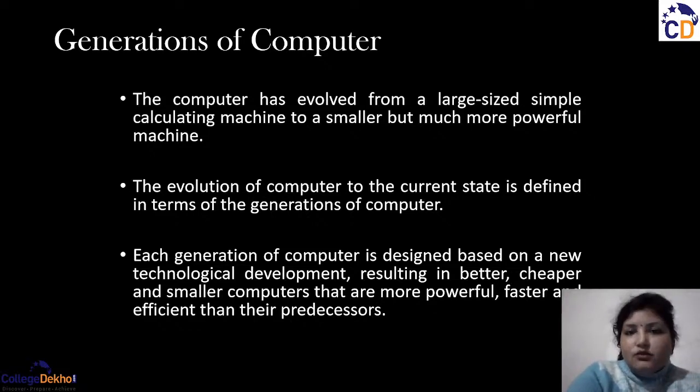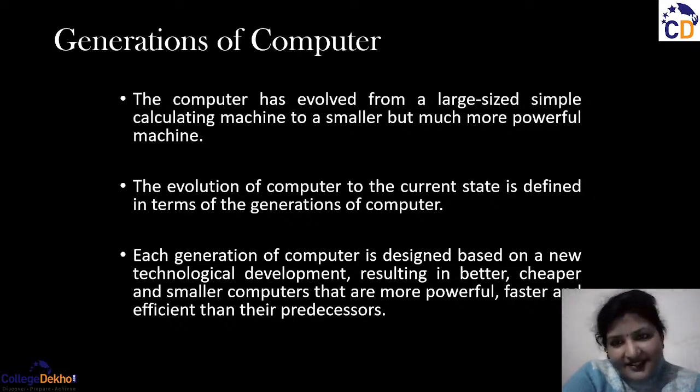The computer has evolved from a large-size simple calculating machine, which may be the size of a room, to how we use computers today, even much more powerful than that machine, right? So based on size, the evolution of computers to the current state is defined in terms of generations of computers, what we are actually using at this point of time, right?